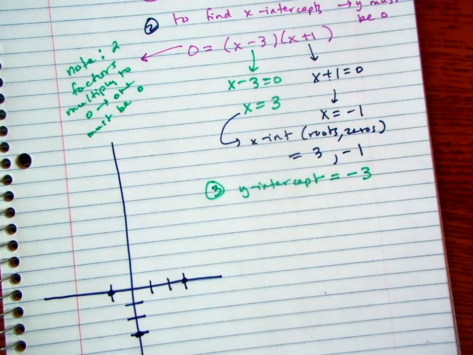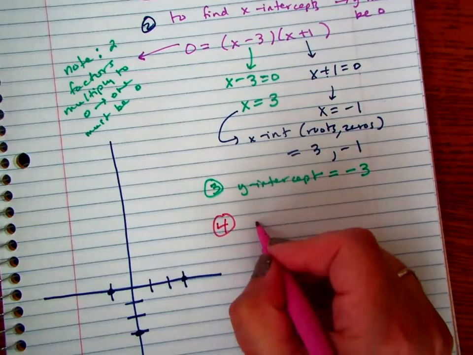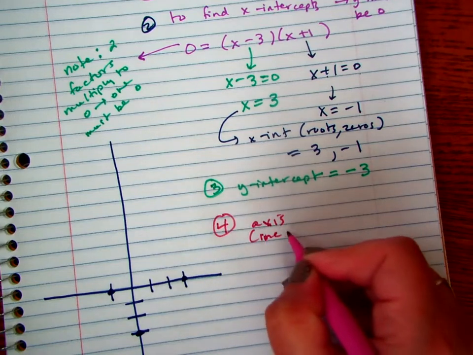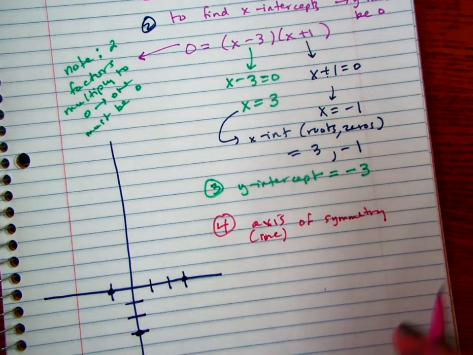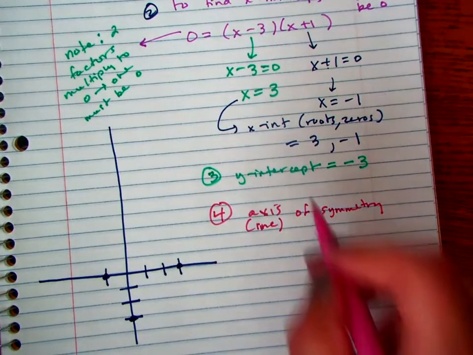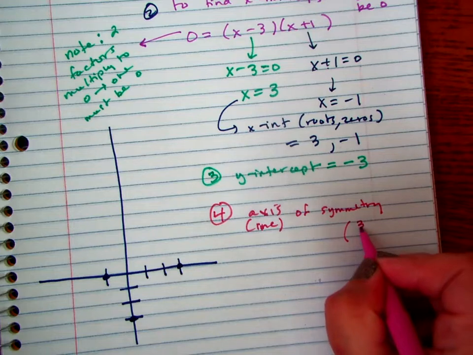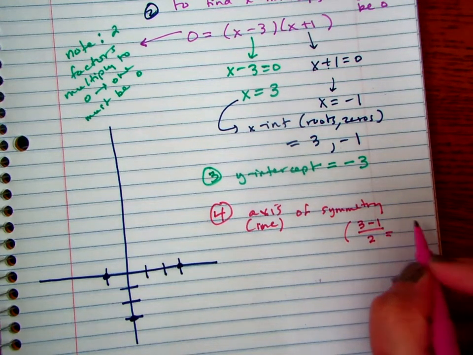Okay, now my next step is to find the line or axis of symmetry. Right between 3 and negative 1, it's like finding the average of the two, to be honest. So it's 2 over 2, which is just 1.